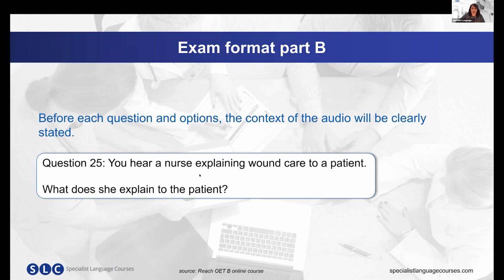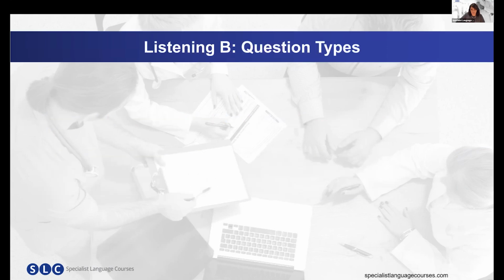For example, here the context is: you will hear a nurse explaining wound care to a patient, and then we have the question, what does she explain to the patient? This is the question we need to answer.